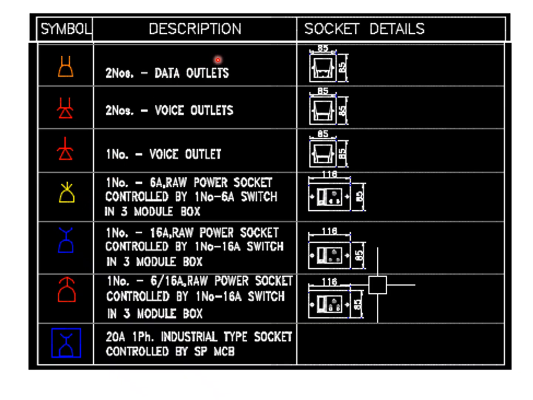Friends, this particular schematic diagram shows three columns: one for the symbol, the second for its description, and the third for the configuration of circuits.